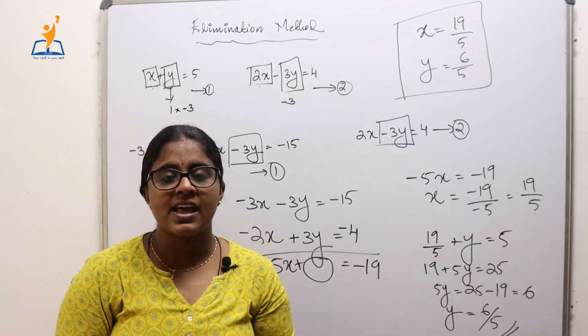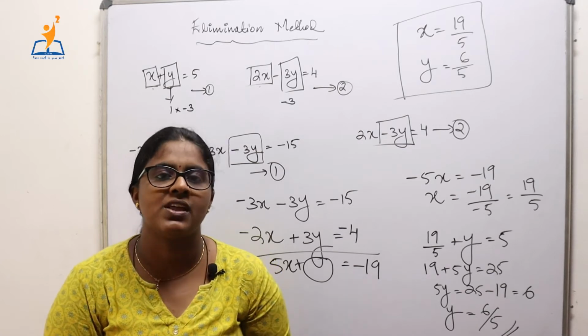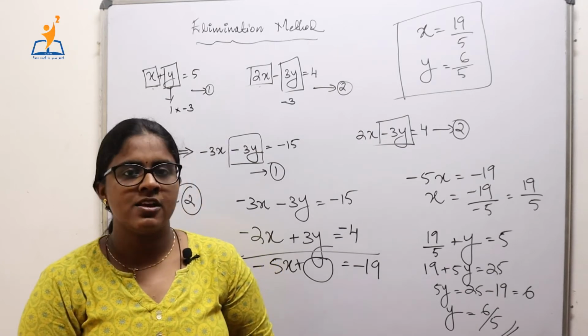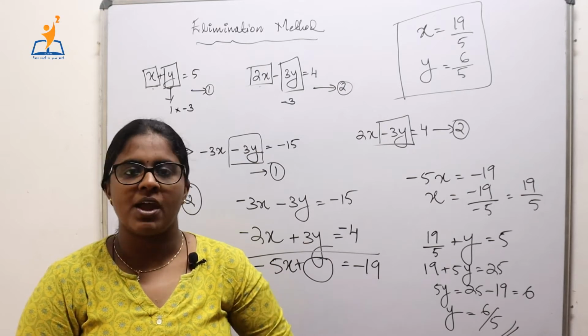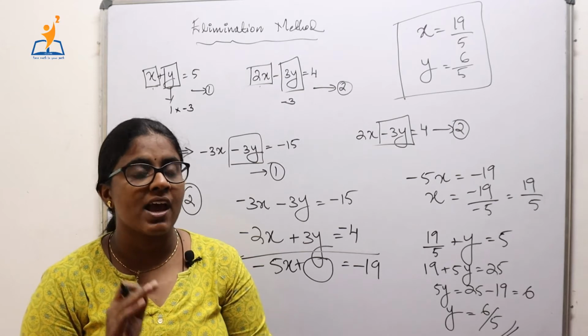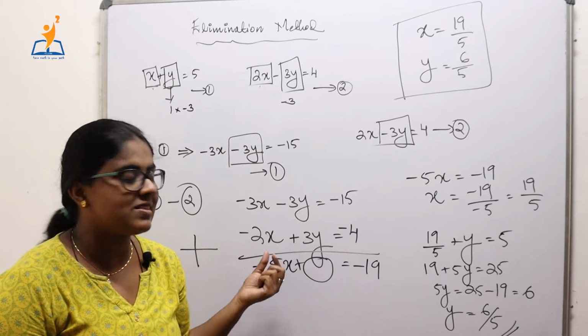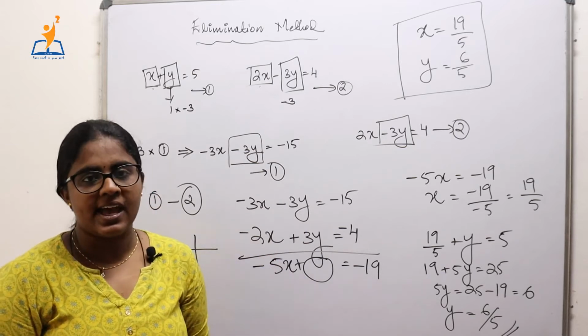So it is clear that we can eliminate either x or y from both of the equations and find the solution for x and y. Both the answers will always be the same. Always be careful while subtracting these equations, because we have to change the sign and then add the equations.